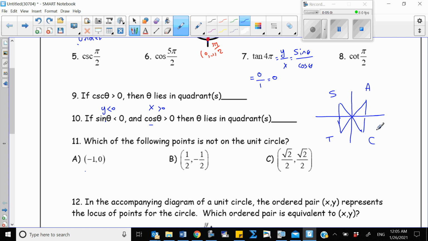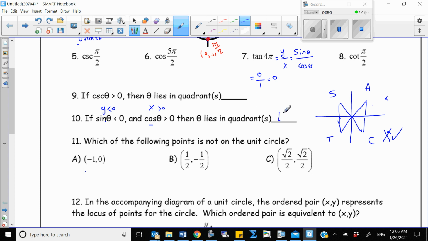That means cosine is positive. So it should be on one of these two quadrants. And y should be negative, or sine is negative. On which of these two is y value negative? This one, because it's below the x-axis. So y is negative, or in other words, sine is negative. So the answer is this one.